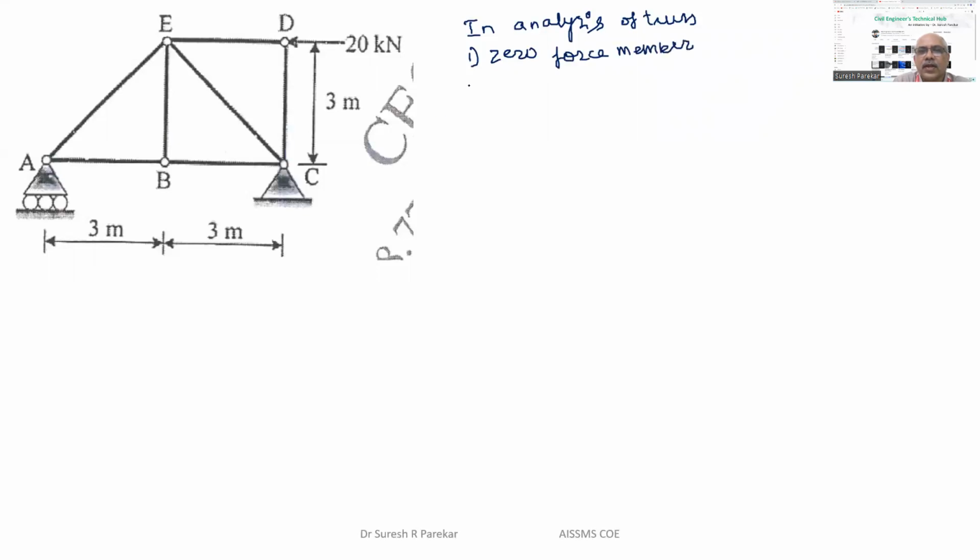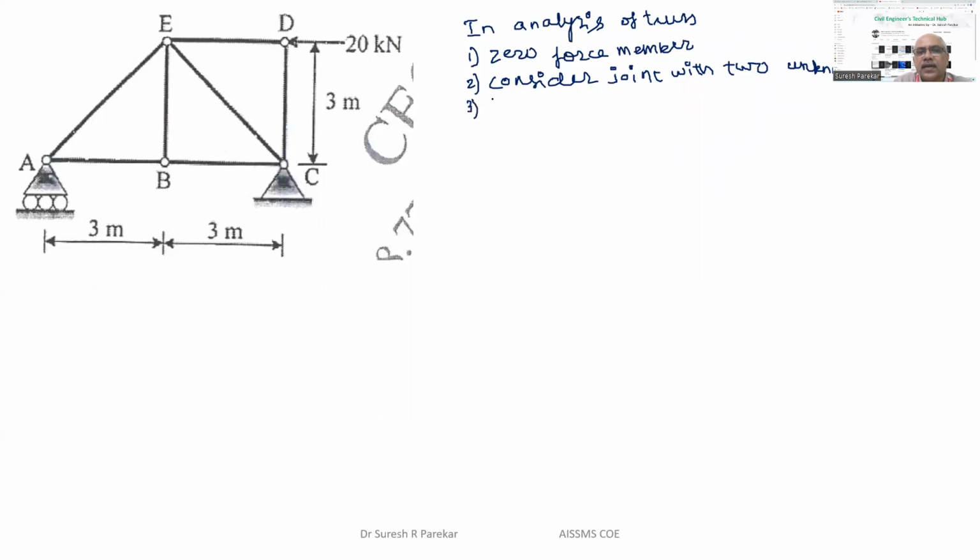Then we consider a joint with maximum two unknowns because all joints are concurrent. Why two unknowns? Because we have only two equilibrium equations, as for concurrent forces we have two equilibrium equations.